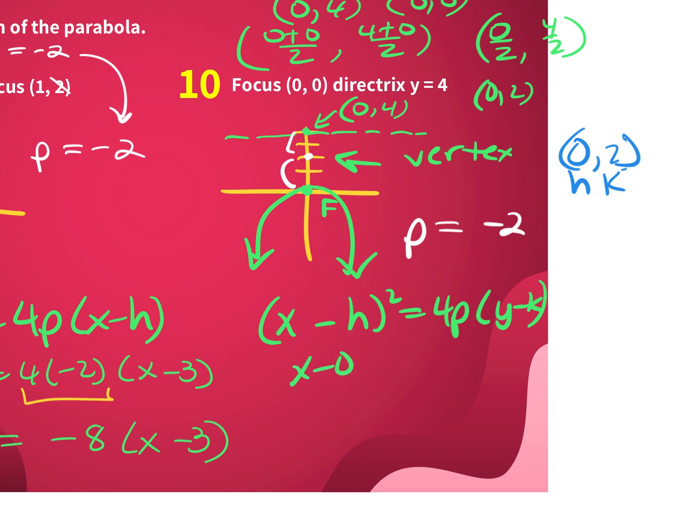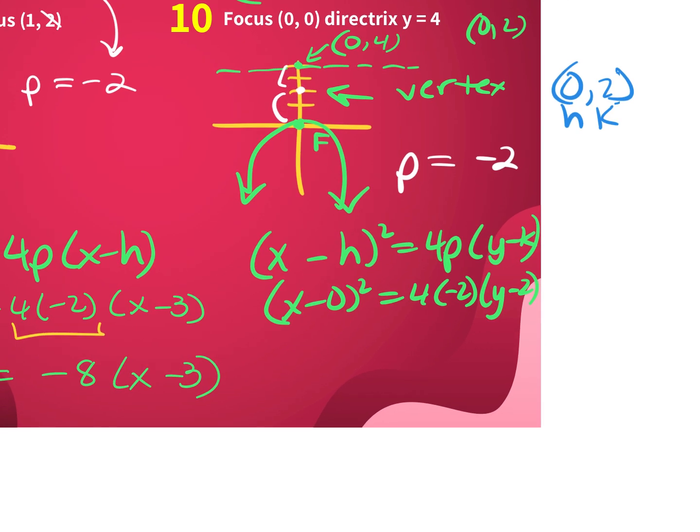So x minus 0 squared equals 4 times -2, and then y minus 2. Over here, this is just going to simplify to x squared. And then I'll multiply this, and the y minus 2.